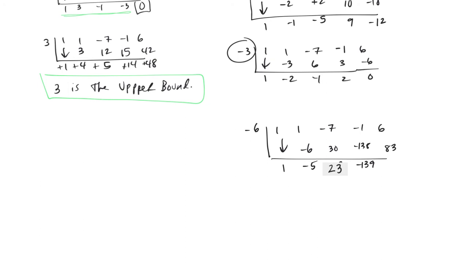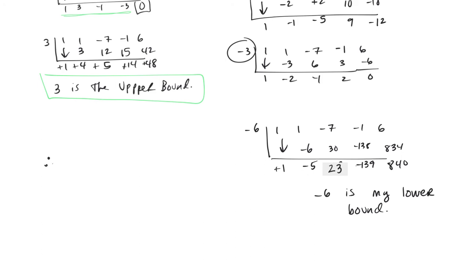And 834, and add those up. So it's not a 0, but I do have a positive and then a negative, a positive and then a negative. So negative 6 is my lower bound.